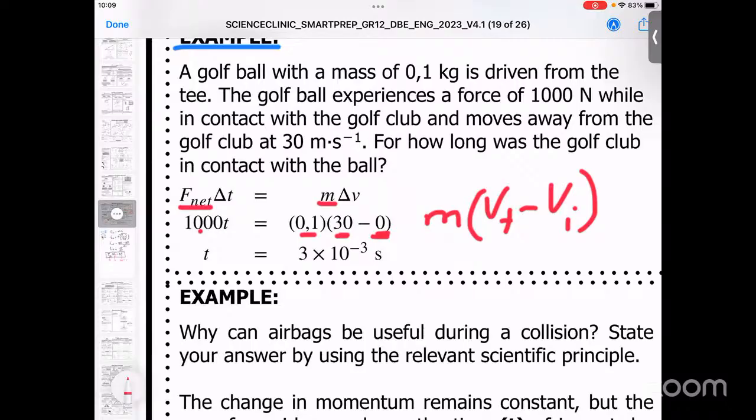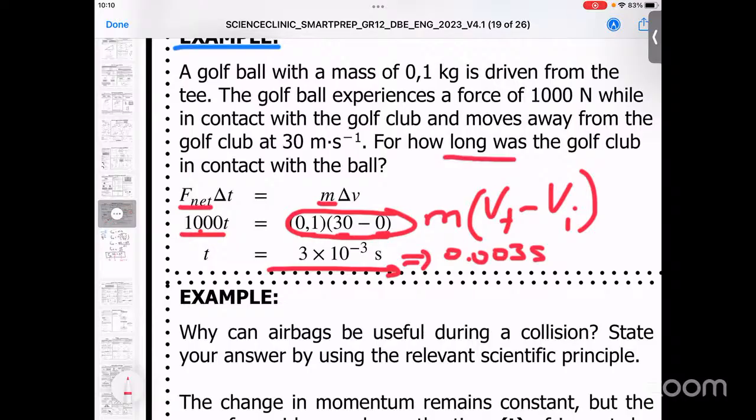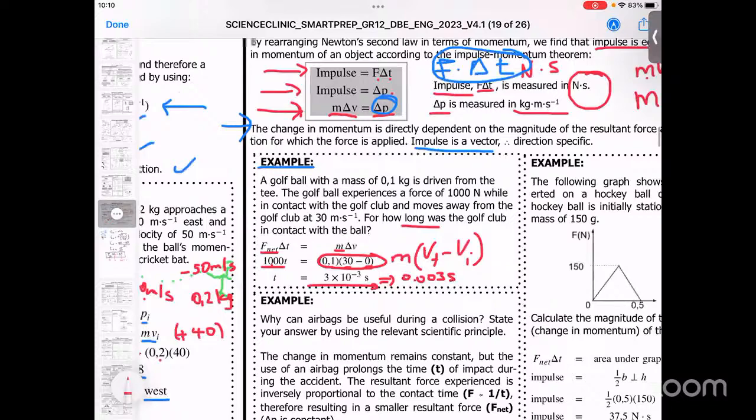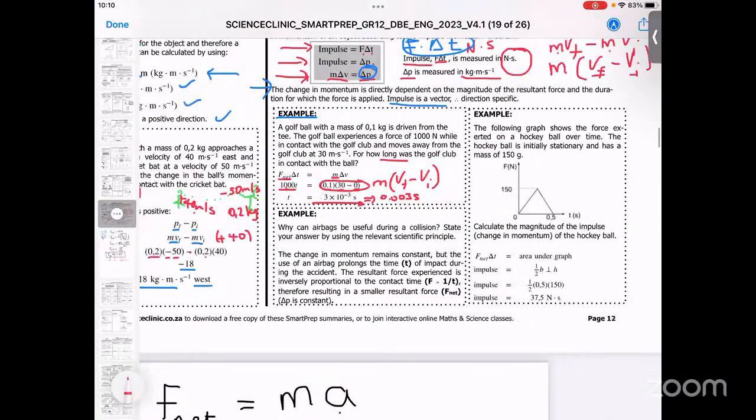And then all that you need to do is to work out the whole of this. You will definitely divide it by 1000. Once you've done that, this is the answer that you get. You may find that this thing may be 0.003 seconds. Yes, something of that nature, honorable member. And that becomes your final answer in seconds, because it is the time that they wanted you to calculate. So when they say how long, indirectly they want you to calculate the time.